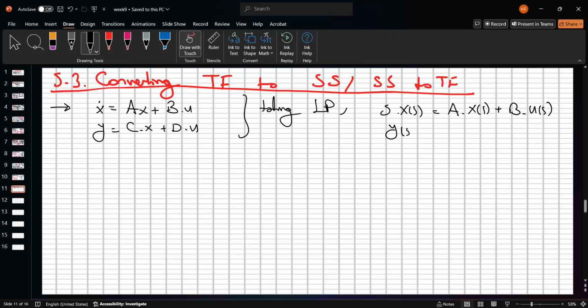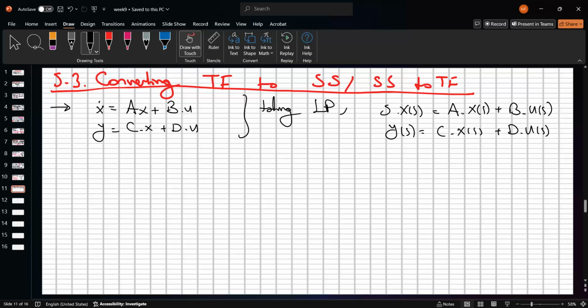And Y(s) is equal to what? CX(s) plus DU(s), right? Because x dot is the first derivative, we can apply the Laplace transform in here, and we will get it, right?